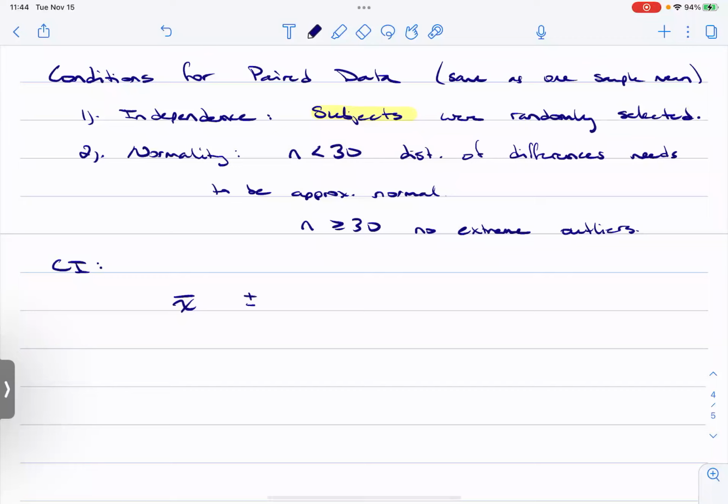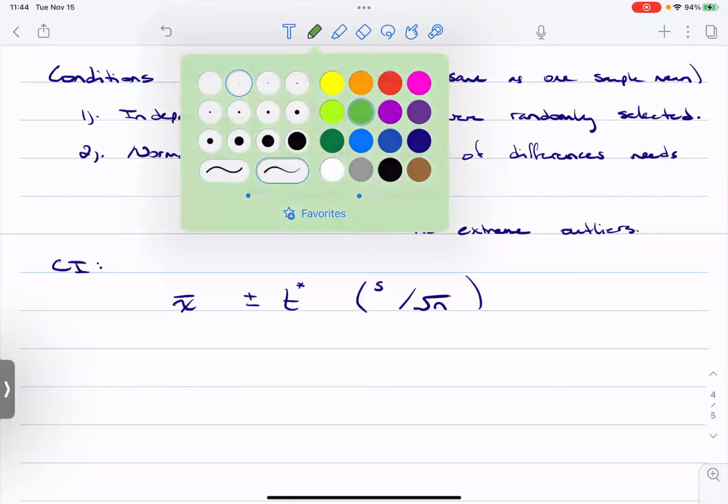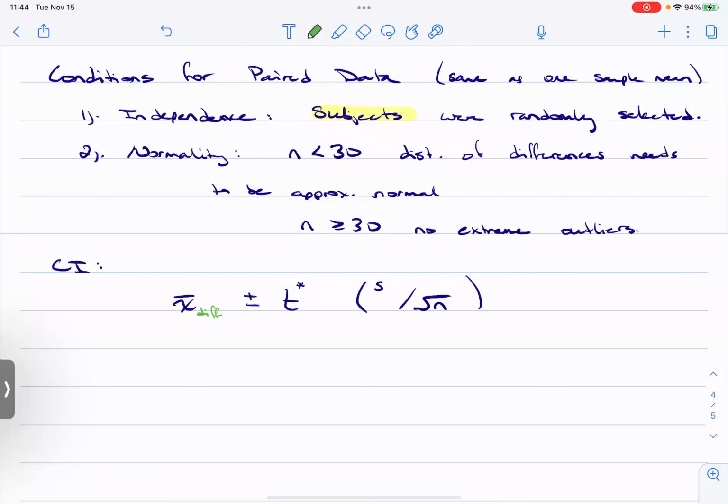So x bar plus or minus t star times s over root n, with diff subscripts. Our degrees of freedom is still n minus 1, but because it's the number of differences, it's n diff minus 1.